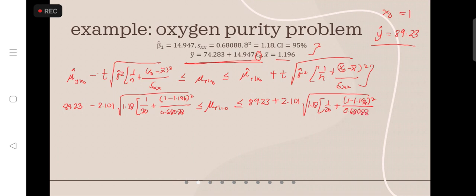So we already have our formula. So what is the value for our interval on the left side?